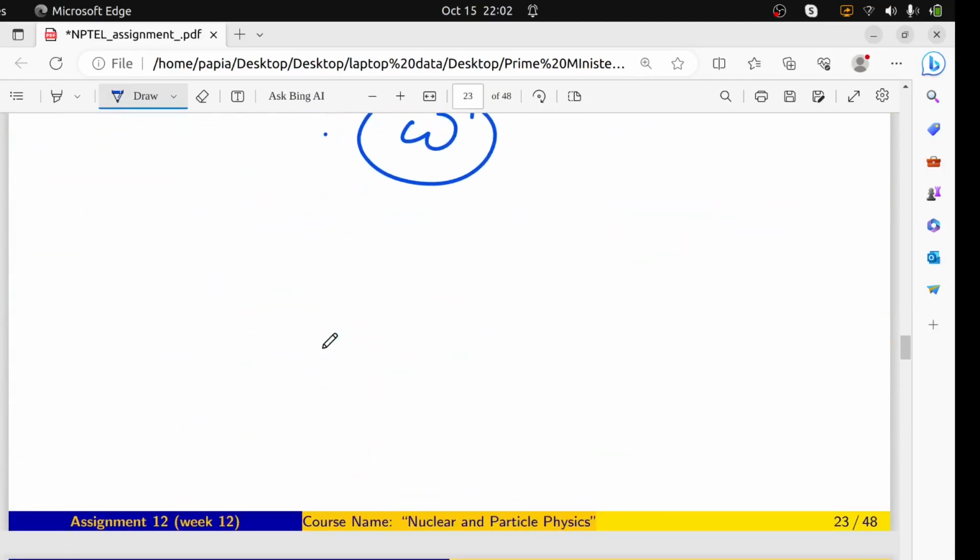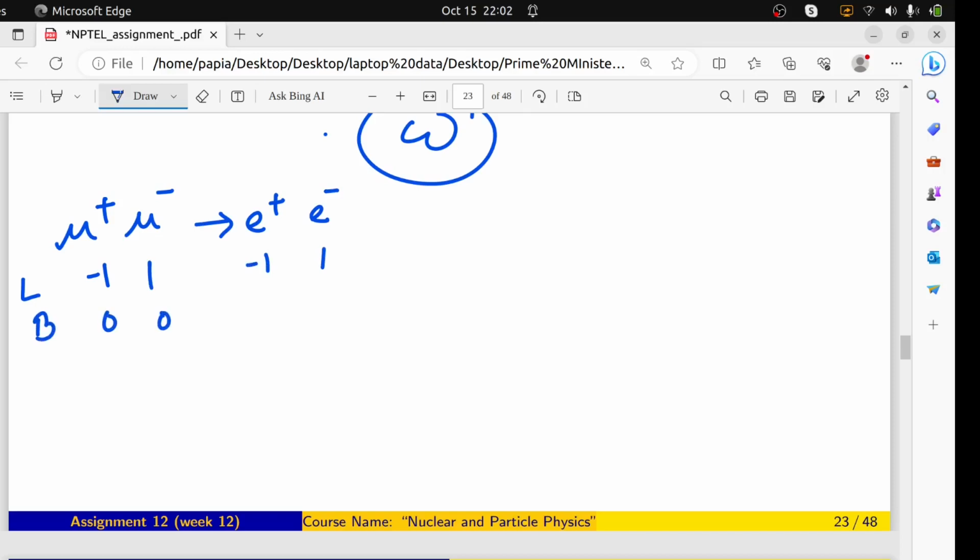Now coming to mu plus mu minus goes to E plus E minus. Quickly we will check the L value. L is minus 1, 1, minus 1, 1. B, obviously these particles are not baryons, so B will be 0. Q is 1, minus 1, 1, minus 1. Fine.